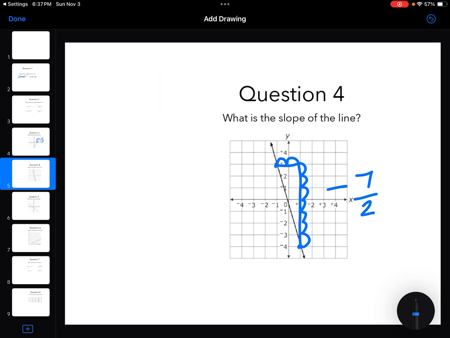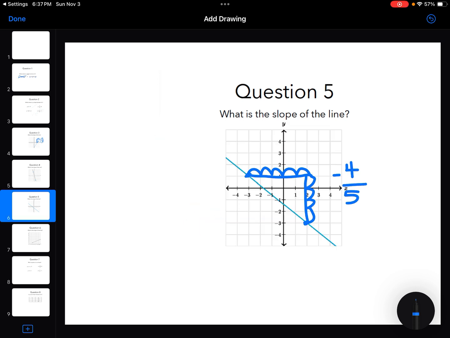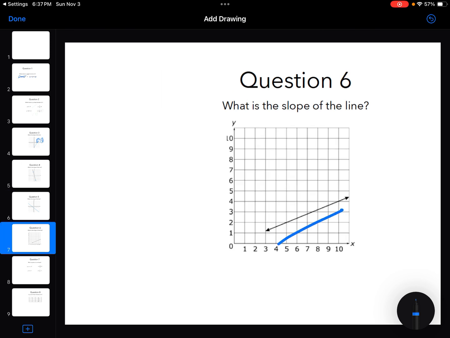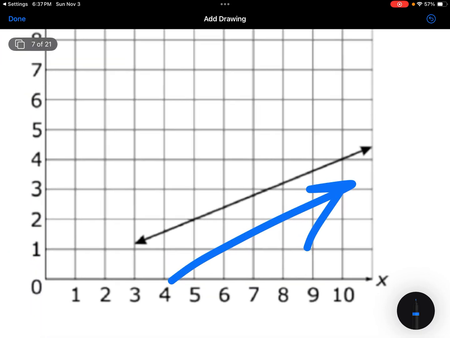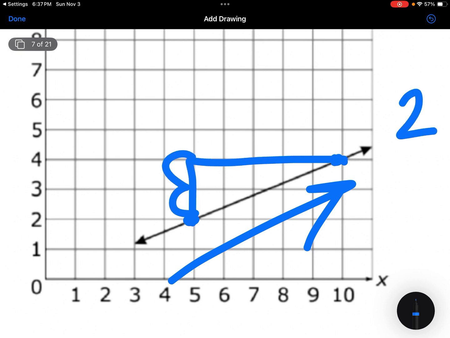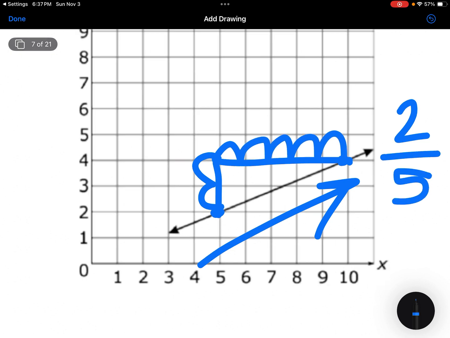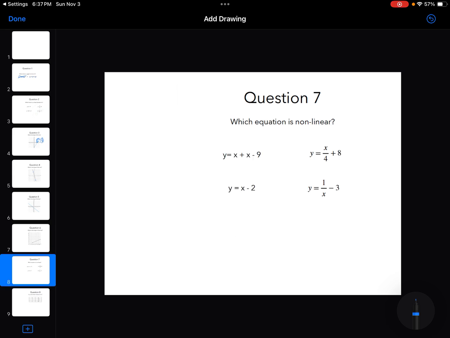This is a negative slope because it's going down from left to right. This one's also going down from left to right. This one's going up from left to right. I've got a corner box there and one there. Rise, run: 1, 2, and 1, 2, 3, 4, 5. So 2 over 5.